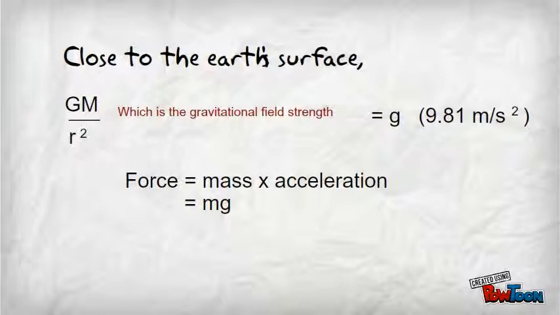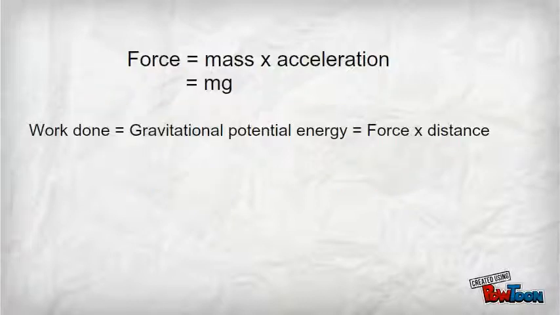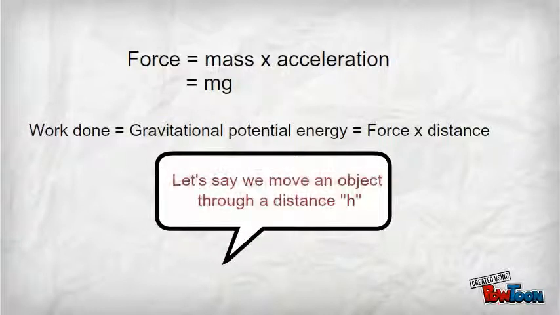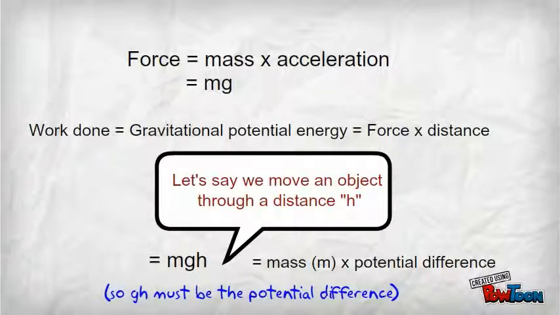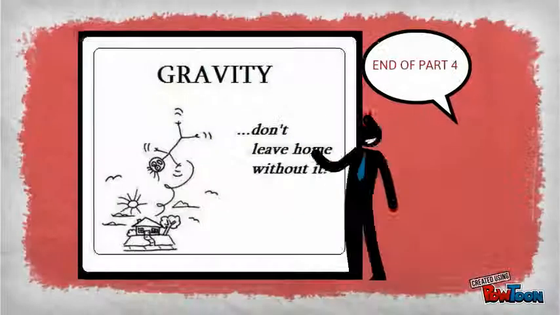And if we move an object through a distance, let's call it h, we can say that the work done is equal to its gravitational potential energy, which equals the force multiplied by the distance moved, so that would be mass times g times h. And from that we can see that g multiplied by h must be the potential difference. That is the end of part 4.